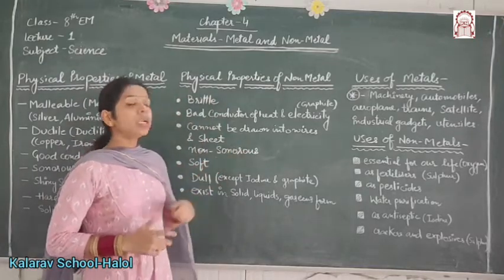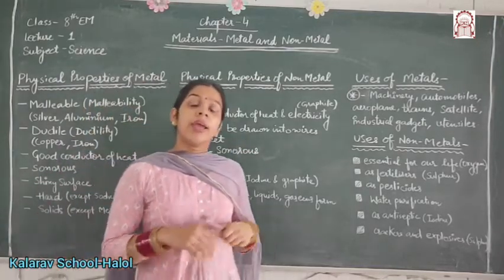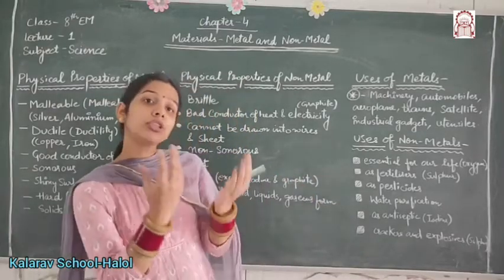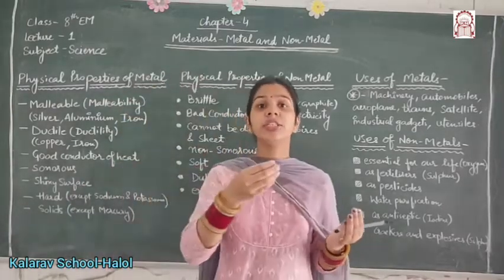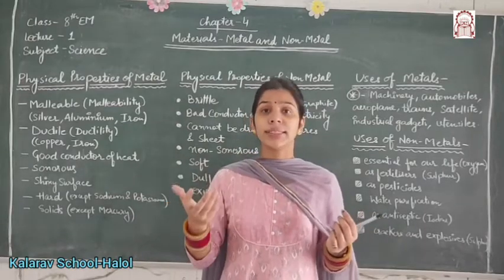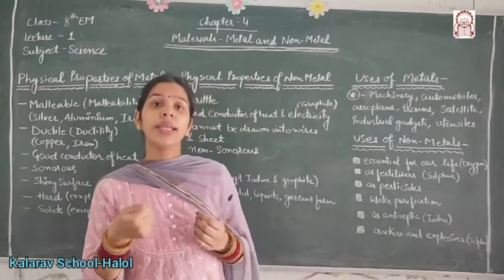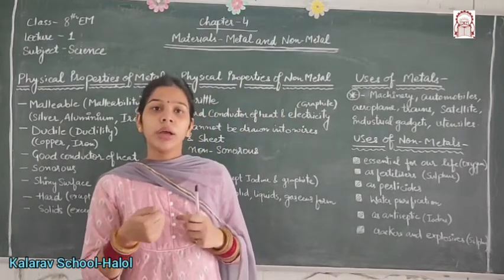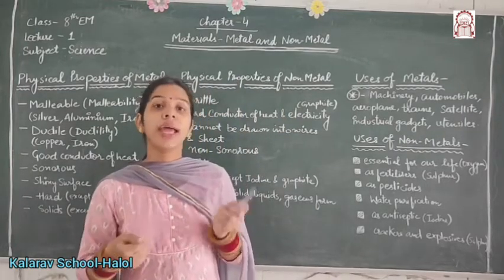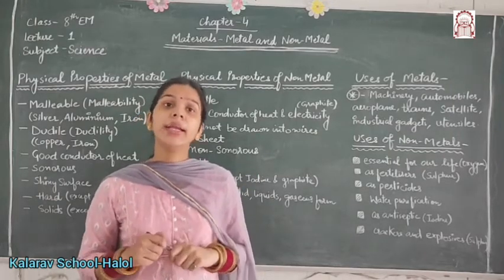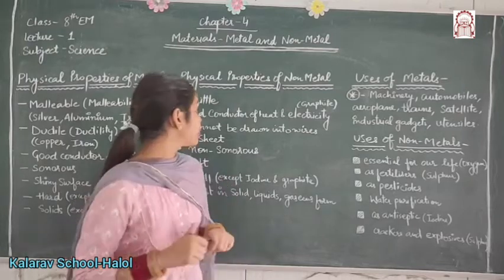Non-metals are bad conductor of heat and electricity. It means they do not allow the electricity to pass through them. As a saucepan, you see a handle which is made up of wood or plastic. You can easily handle this saucepan without getting warm or hurt. So that's why non-metals are bad conductors of heat and electricity.